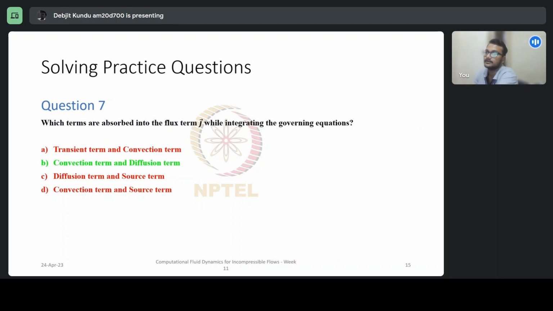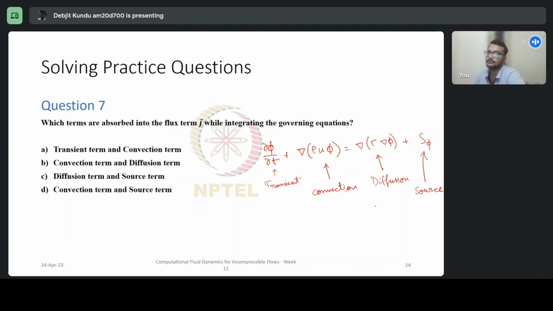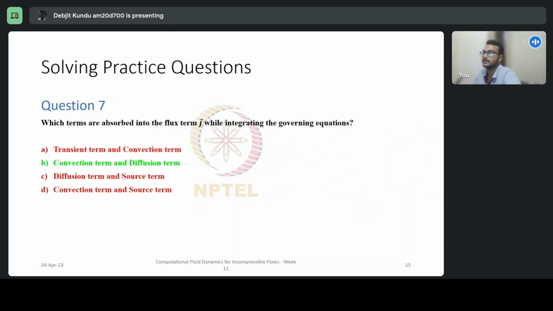if I go back, we move this diffusion term to the left hand side and we get something like grad of rho u phi minus capital gamma grad phi, and then we say that this is nothing but the flux term.